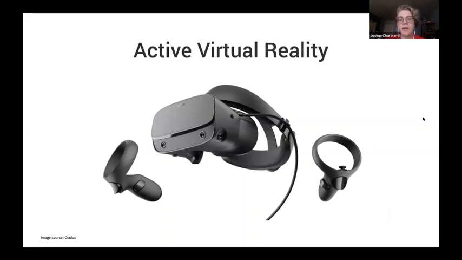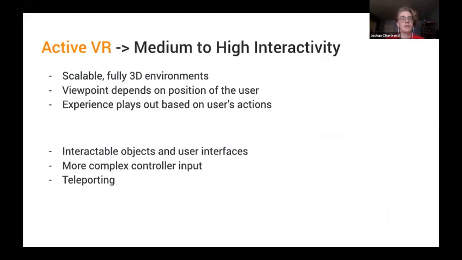So that's passive VR, but we also have active virtual reality. So this includes medium to high interactivity, scalable fully 3D environments, and the viewpoint depends on the position of the user because they can actually move around. They're not just looking around with their head, they can physically walk around, either actually moving around in their physical room or using some sort of teleport mechanic to go to another part of the virtual environment.